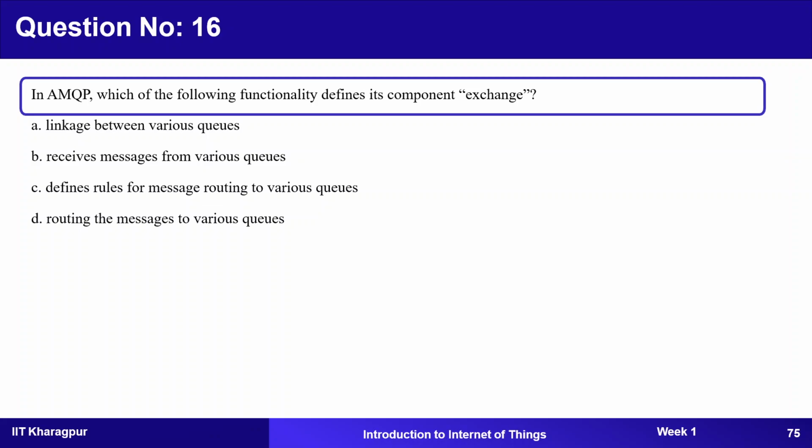Next question is, an IoT network requires a communication mechanism which is capable of synchronous as well as asynchronous communication. The mechanism should support both request response as well as publish subscribe model. So which of the following protocols is best suited for this mechanism? Options are AMQP, COAP, MQTT, none of the above.